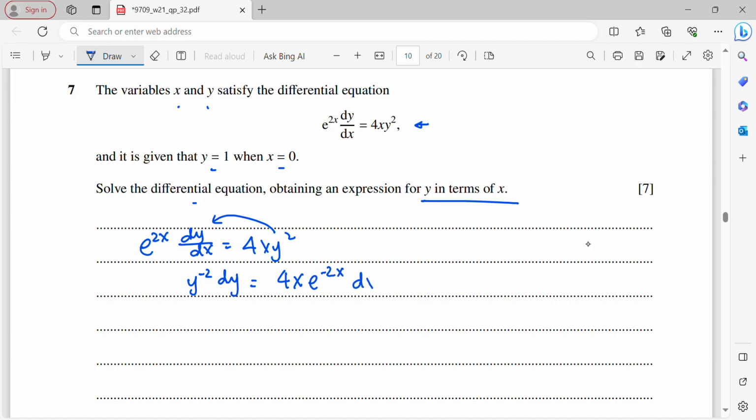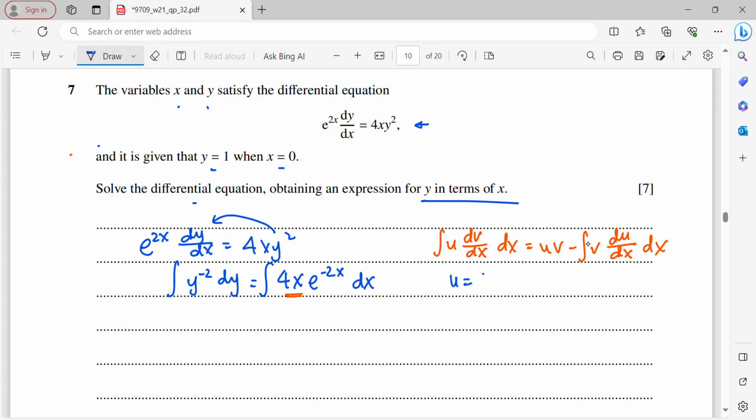Then move the dx as well, and don't forget to integrate both sides. Now, for the right hand side, to integrate 4x exponential negative 2x, we need to apply the by parts formula. Okay, integration by parts. So integration by parts is integrate u dv over dx equals to uv minus integrate v du over dx. So now our u is 4x.